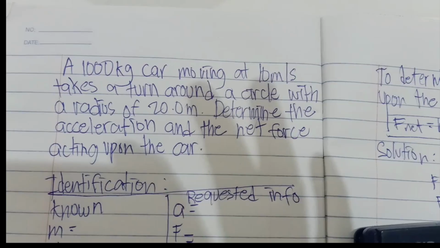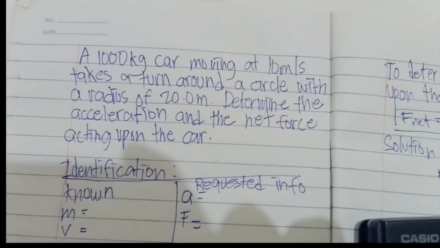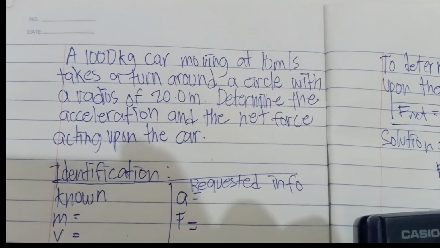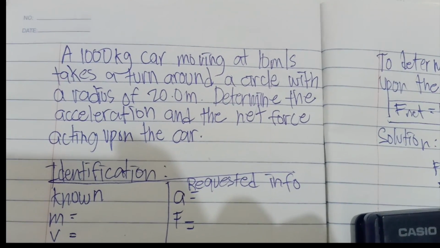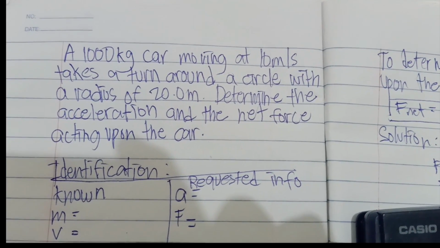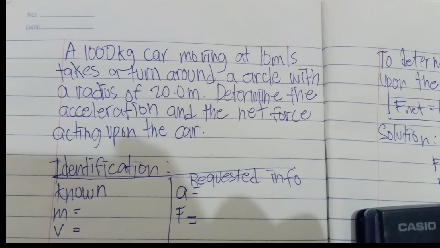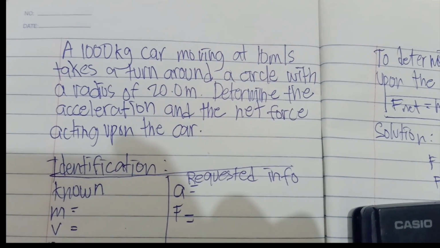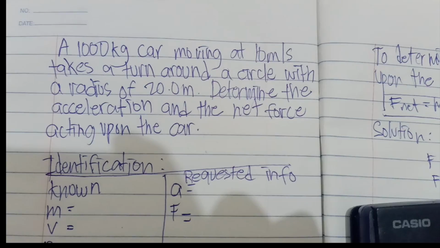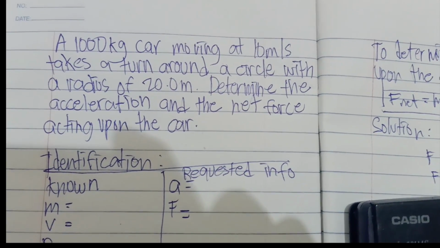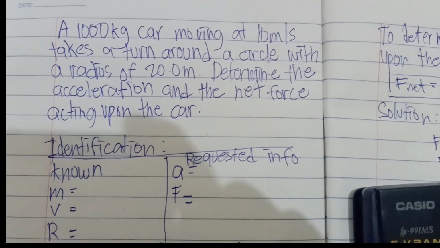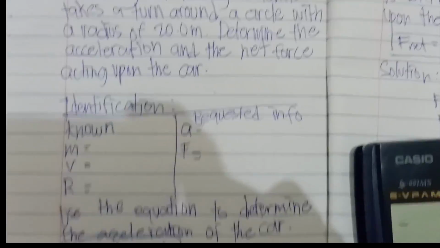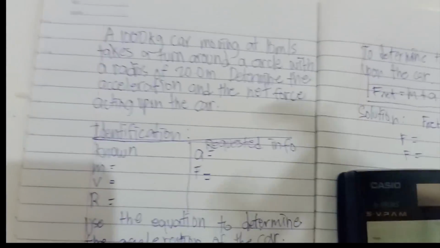Let's solve a simple problem. A 1000 kilogram car moving at 10 meters per second takes a turn around a circle with a radius of 20 meters. Determine the acceleration and the net force acting upon the car. First we'll do the identification.